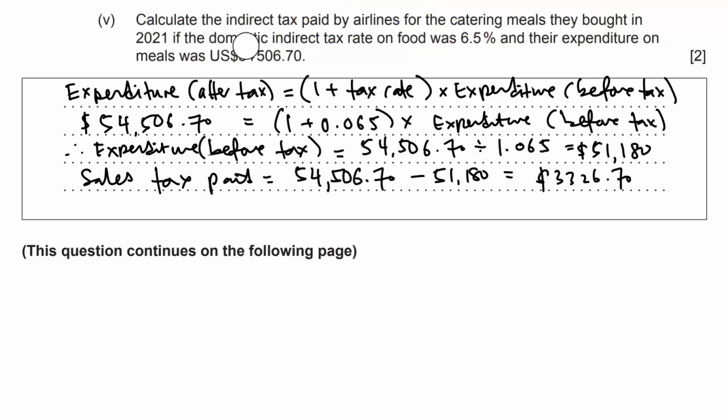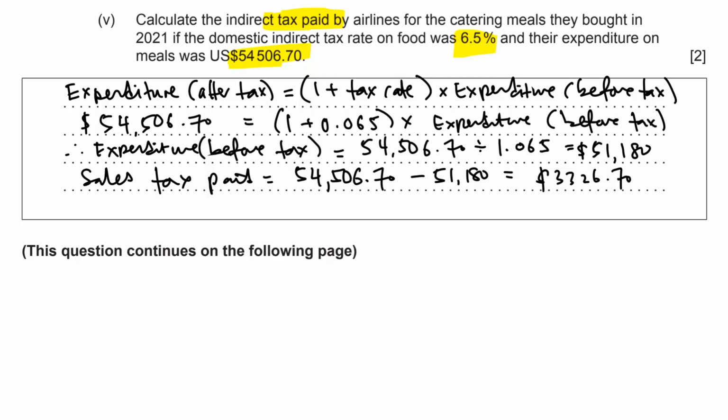So they're asking us to calculate the tax paid. You've got to figure out how much tax these guys are paying if the government levies a 6.5% tax on food and they spent $54,000 in total on food in that particular year.